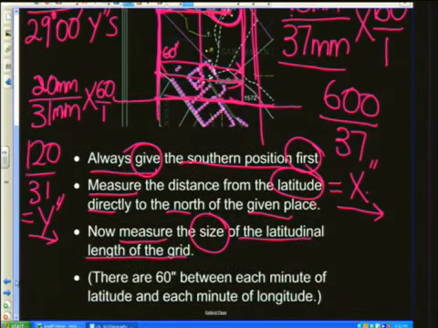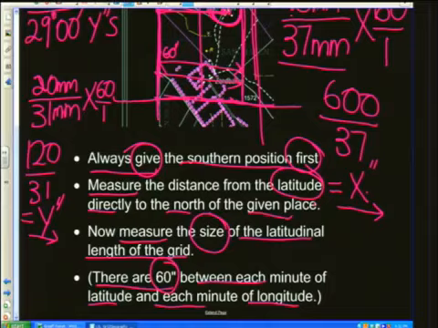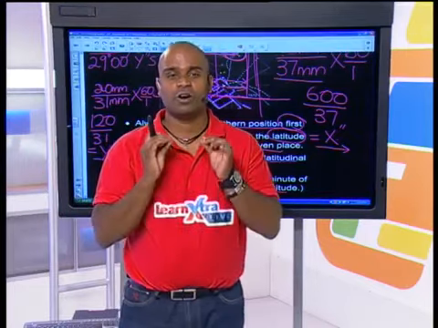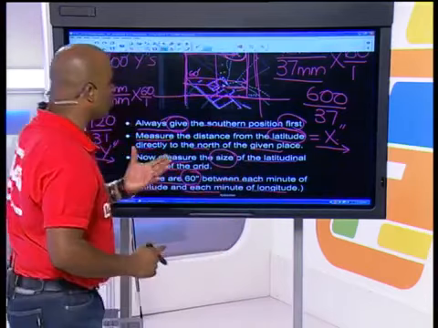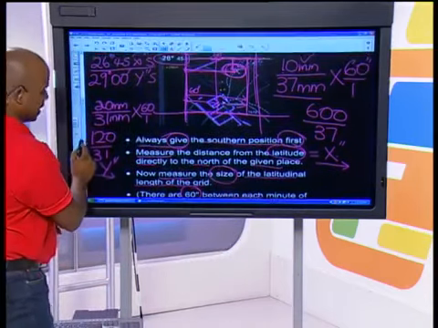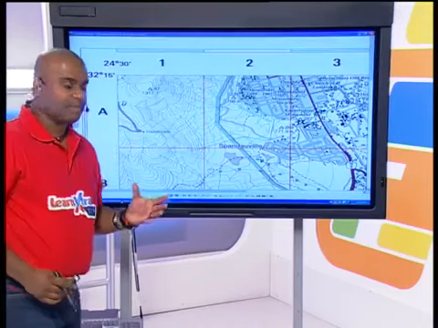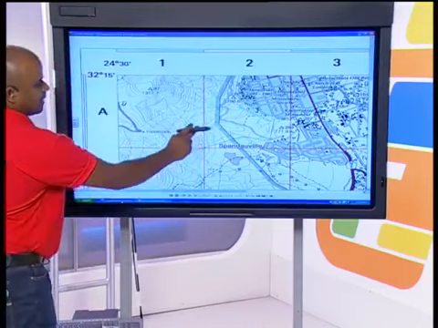Let's look at our notes. There are 60 seconds between each minute of latitude and each minute of longitude. This simply makes us better understand how to calculate the difference between two lines of latitude or two lines of longitude. When we're talking to this, we should remember that. And let's look at a map for this. In this particular map, you'll note the grid.